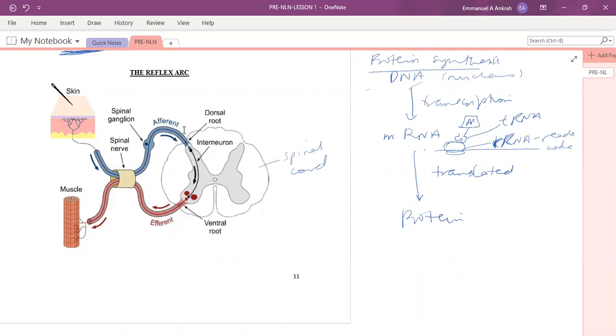Okay, let's look for another one that is related to today's lesson. Page 223, numbers 27 and 28.